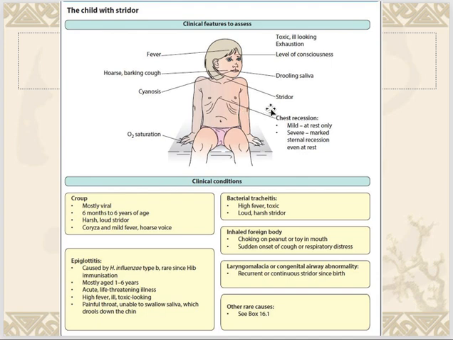For example, stridor at rest is an emergency. Drooling saliva is an emergency. Chest recessions present even at rest are, if not an emergency, one of the things on which we decide to admit patients to hospital.